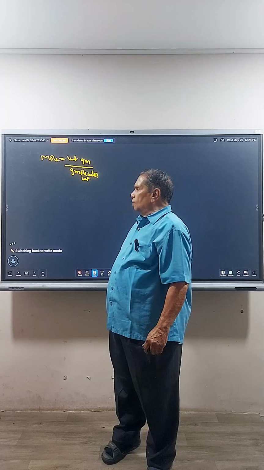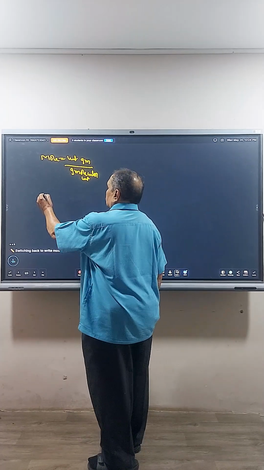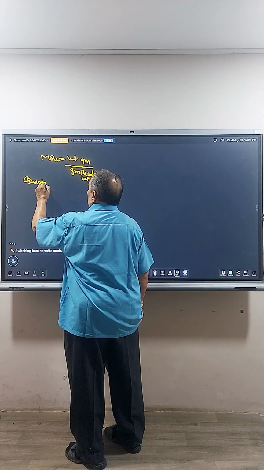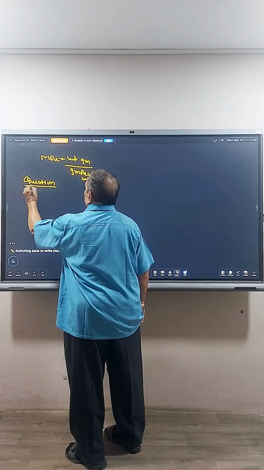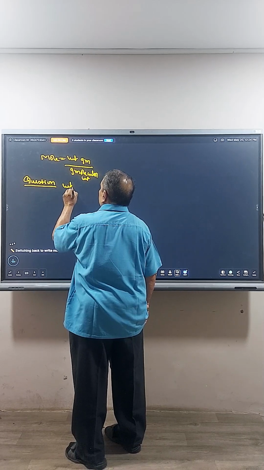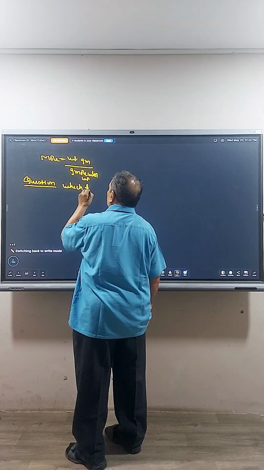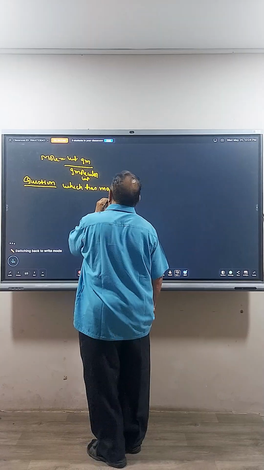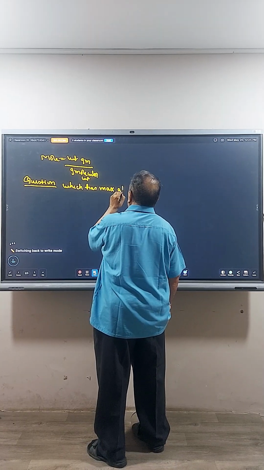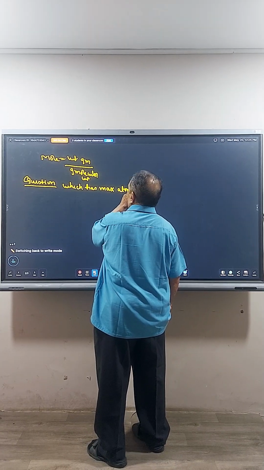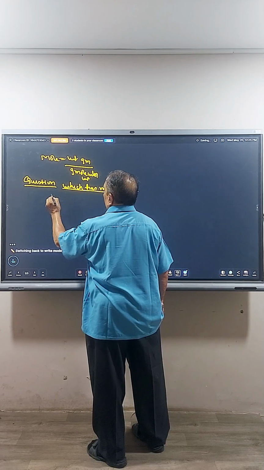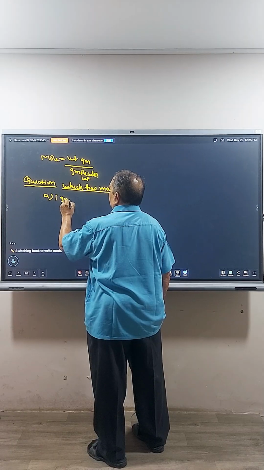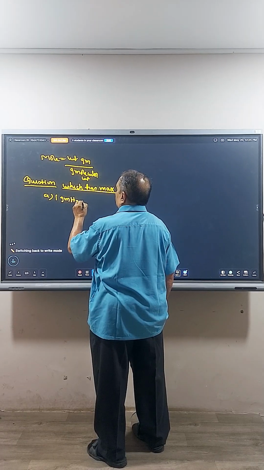The question this year in NEET 26 was: which has maximum atoms? A, 1 gram hydrogen gas.